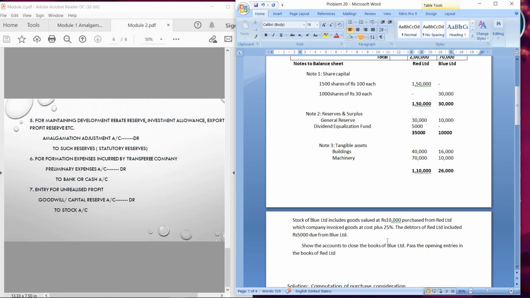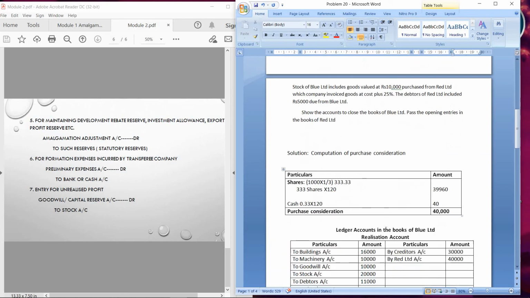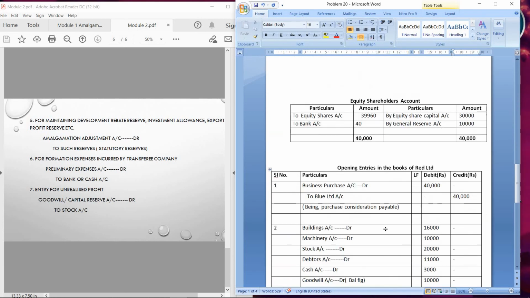Now whenever goods are sold by anyone, you always add your margin of profit. Goods are never sold at cost price. Cost price plus profit is your selling price. So here they have given you that cost plus 25%, that is the profit margin is 25%. So we have to eliminate this profit now, because this profit will not be received by the company.